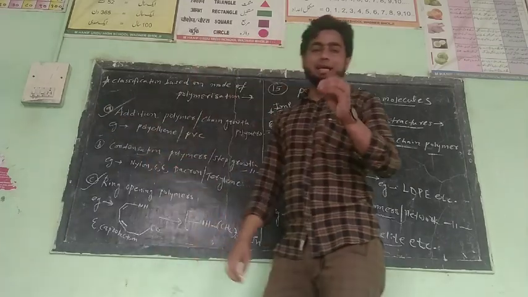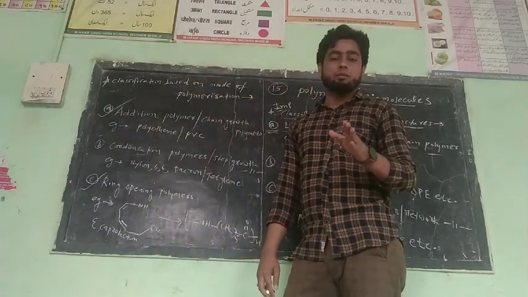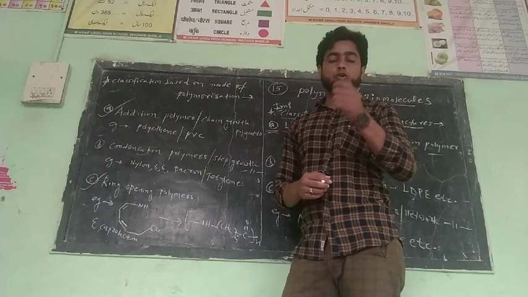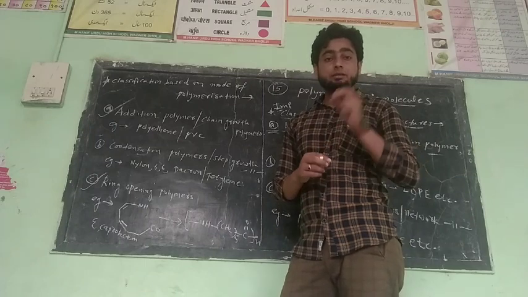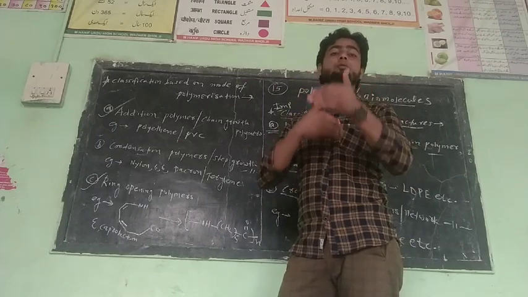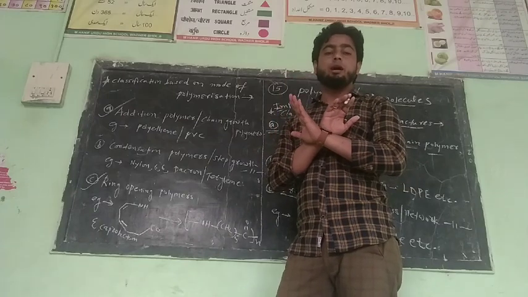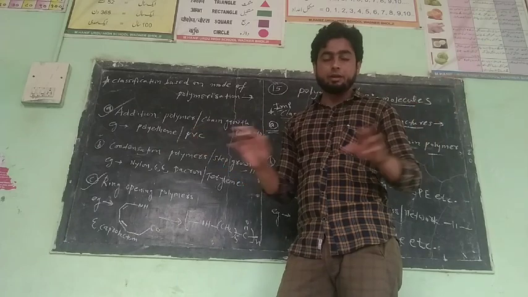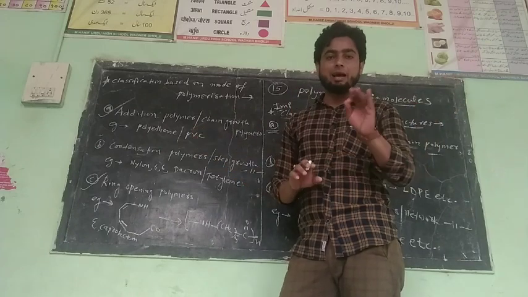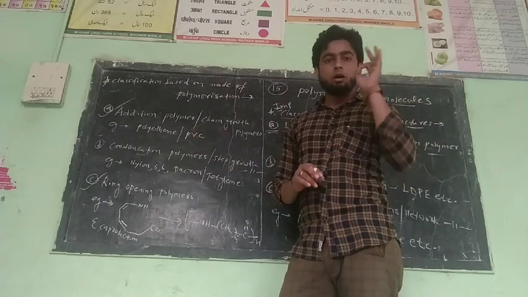So addition polymer or chain growth polymer is defined as those polymers in which the same monomers are repeatedly joined to each other. It does not lose any substance or small molecule like water or alcohol.